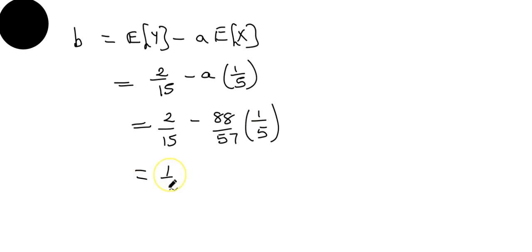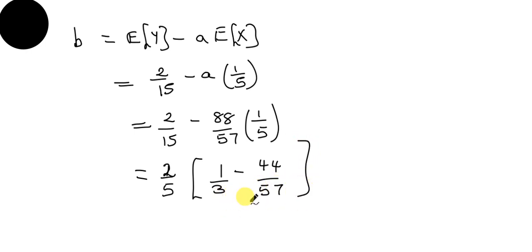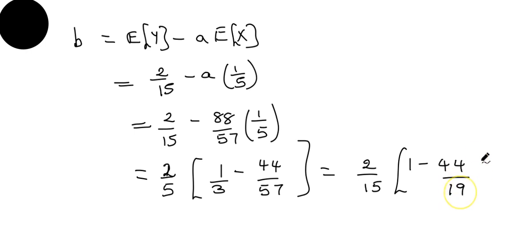We can take 1 by 5 common from both. Rather, we can even take 2 by 5 common from both. This would be 1 divided by 3 minus, what will I have here? I will have 44 divided by 57. 3 into 19 is 57. So I can take 2 by 15 as common. I will have 1 minus 44 divided by 19.